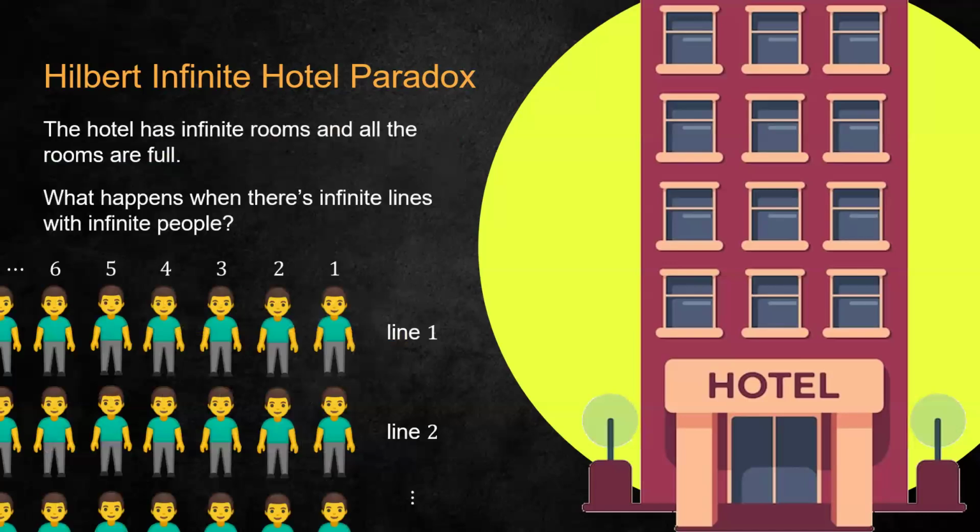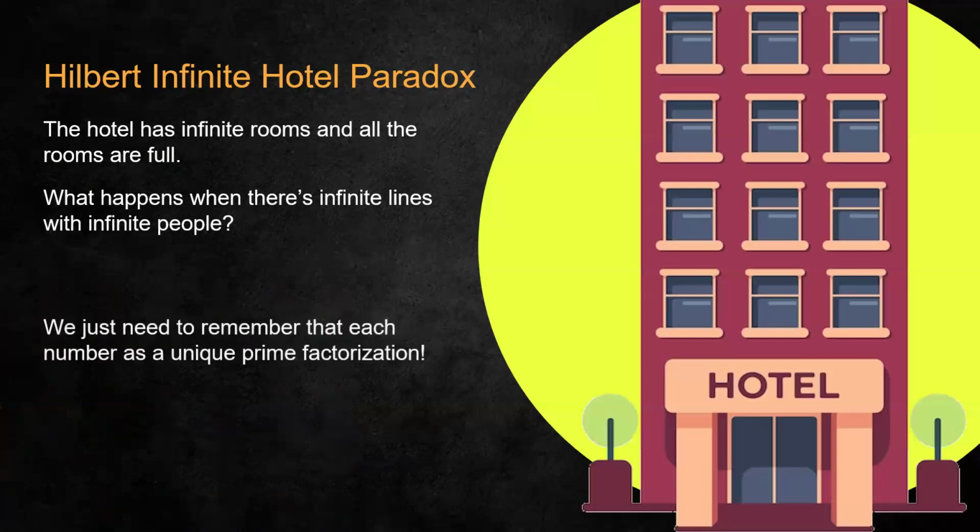But now it gets even worse. What happens if we have infinite lines with infinite people? Now that seems almost impossible, but it can be done using a property of mathematics that every number has a unique prime factorization.